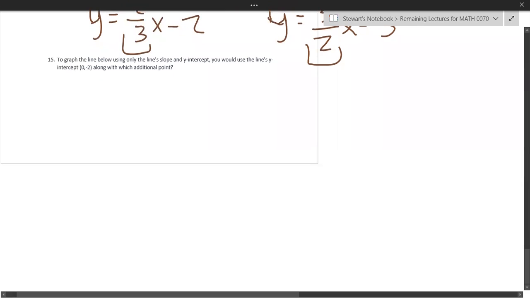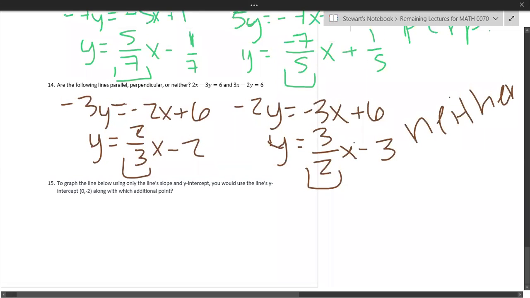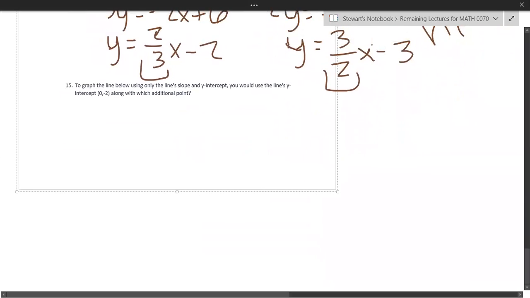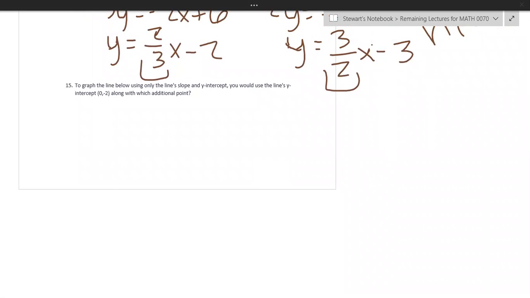Okay, so it says to graph the line below using only the line's slope and y-intercept, you would use the line's y-intercept (0, -2), along with which additional point? Oh, hold on, it doesn't. One moment. I think the slope may have gotten cut out.